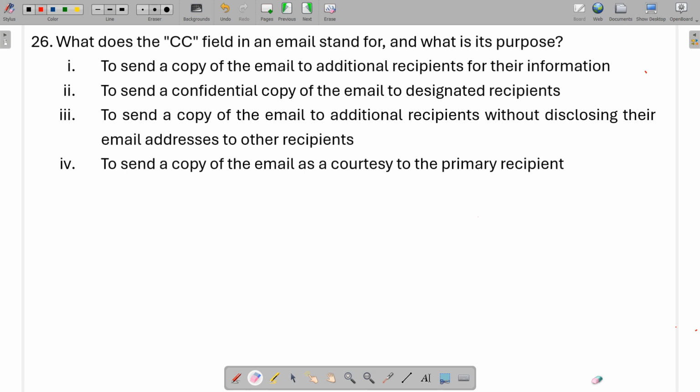Twenty-sixth, what does the CC field in an email stand for and what is its purpose? When it comes to the email, there are three places where we put the email address. To is for the main recipients.